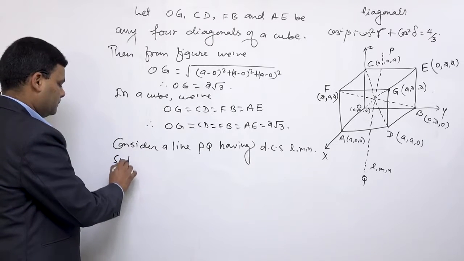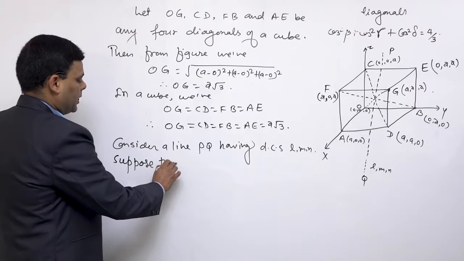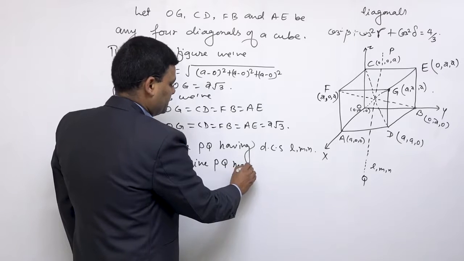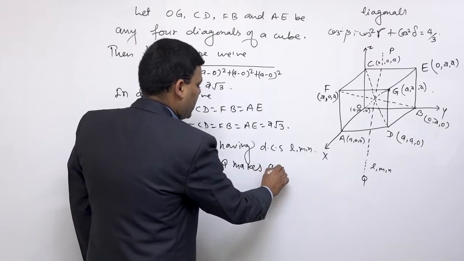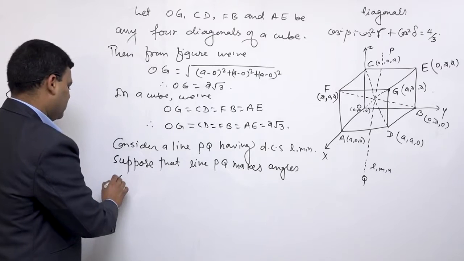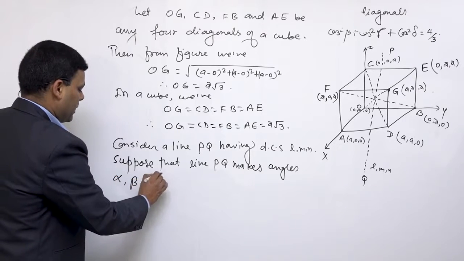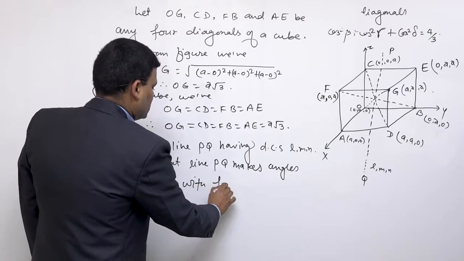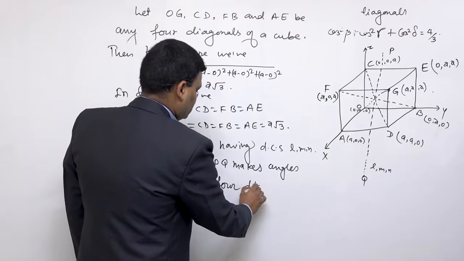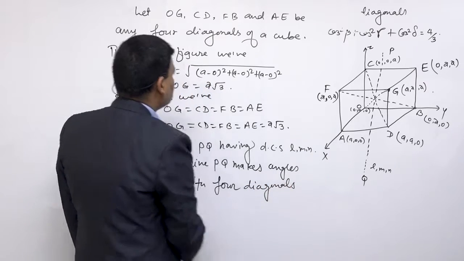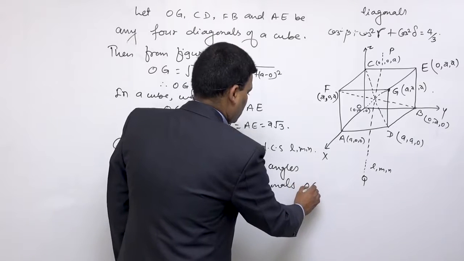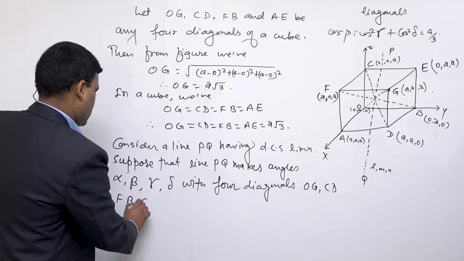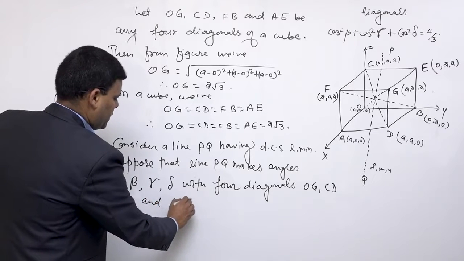Suppose that line PQ makes angles alpha, beta, gamma, delta with the four diagonals OG, CD, FB and AE respectively.